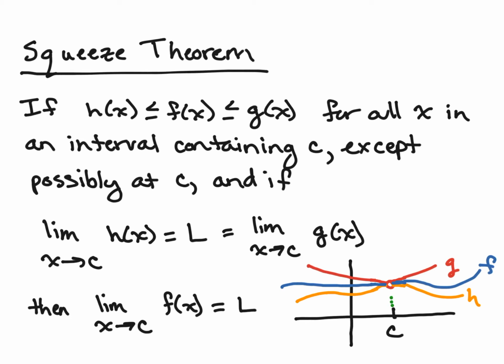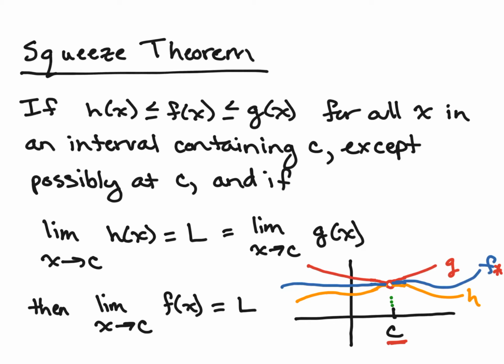But for the most part, let's look here at my function f. See how all my values are squeezed in between the other two functions. And they all meet up at the same y value at this x value for c.